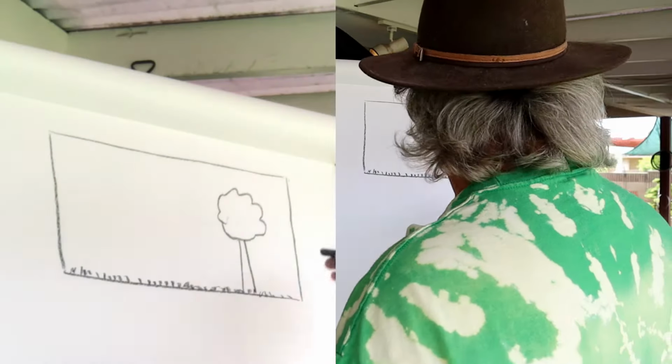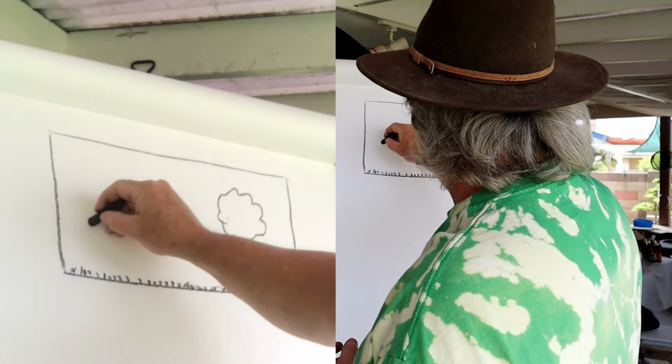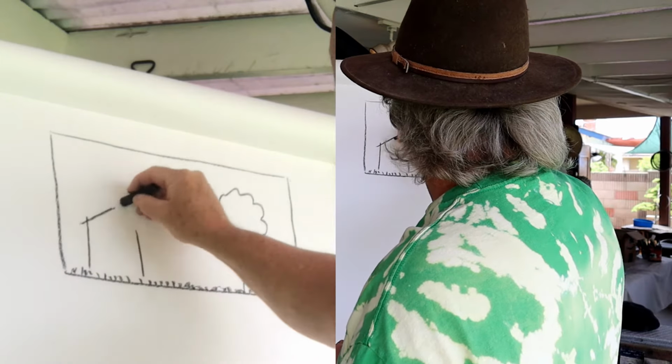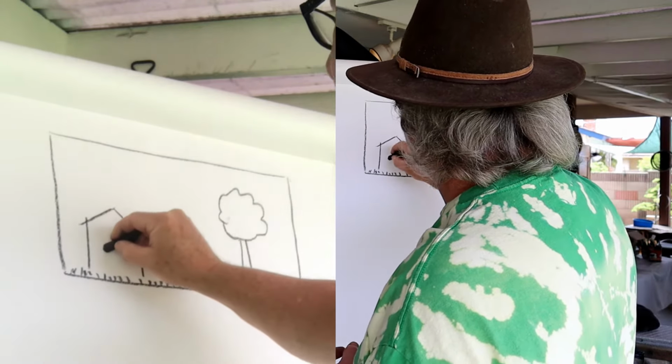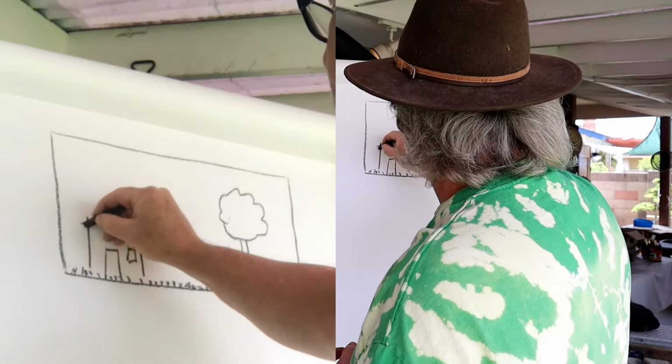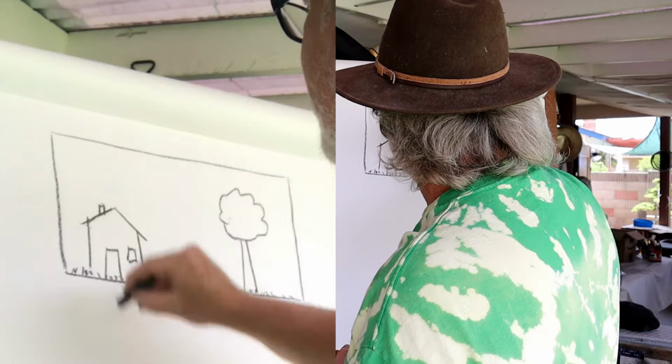So at this point, maybe they'll draw their house, and their house might be fairly small, because it's not what's important to what they want to do, with a window and maybe even a chimney.